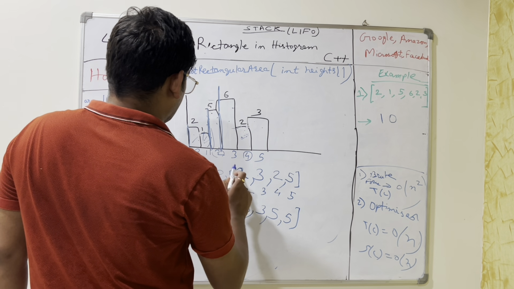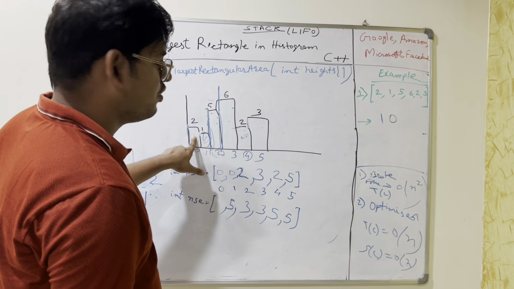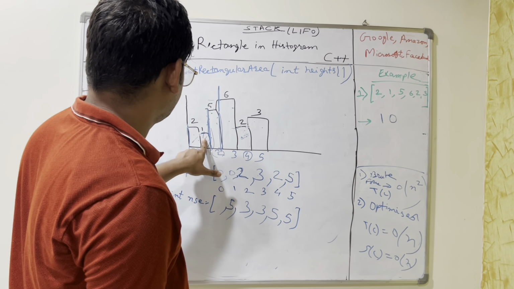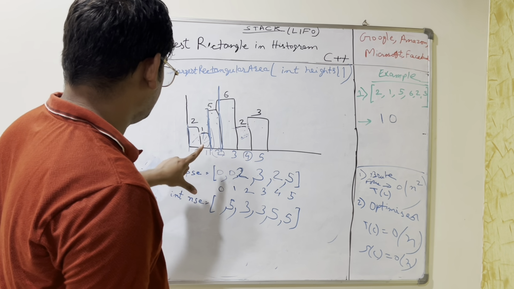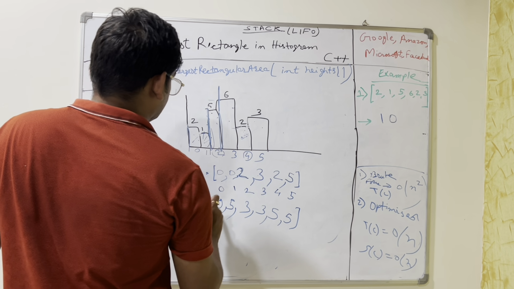And then for this 2, what is the next smaller? This is the next smaller, right. So 1 minus 1, 0.